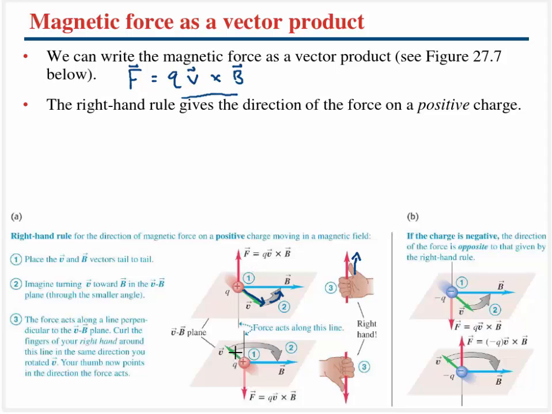If you point your fingers in the direction of E and sweep towards B, your thumb is going to be pointing down, so the force is in the downwards direction. One thing to be very careful of is if the charge is negative, then that force is going to be in the opposite direction that your thumb points.